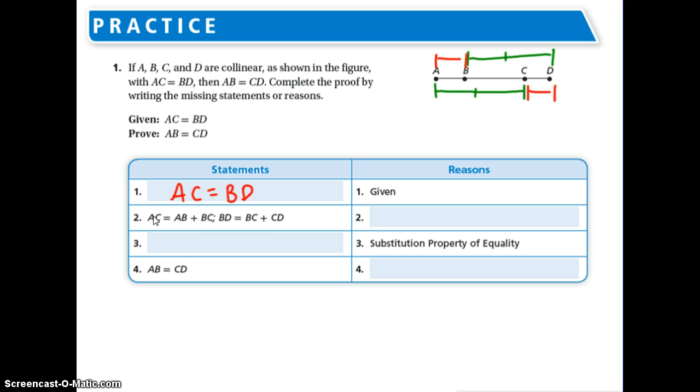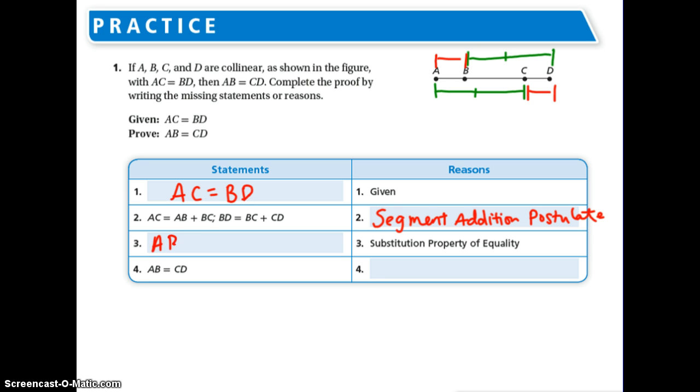Now take a look at this. It says AC is equal to AB plus BC. Well, that looks like my segment addition postulate. And it is. Alright, and the same thing, BD is equal to BC plus CD. Now, we said that AC equals BD. There is some substitution that can happen here.